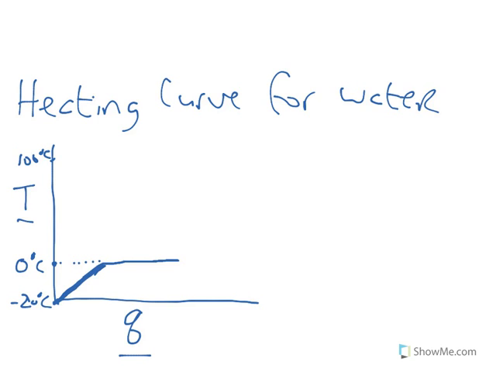Once we change into the liquid form, we begin increasing our temperature. So our liquid water is now going from 0 degrees up until it hits a magic point, and that magic point, of course, is 100 degrees C, where we're also going to have another stall, or what we call the latent heat of vaporization.